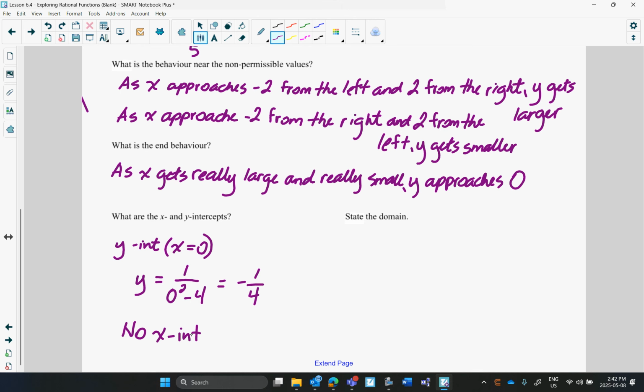And finally, what's the domain? x doesn't equal 0? Negative 2 and 2. That's right. Remember, the domain is always x not equal to whatever the vertical asymptotes are.